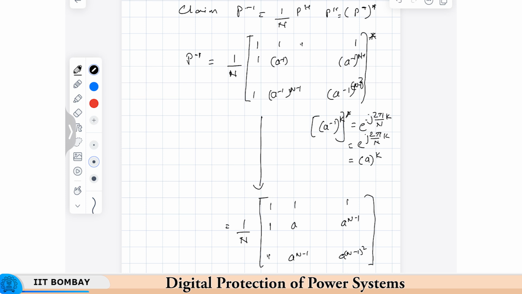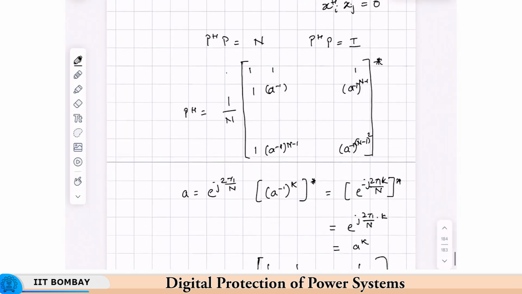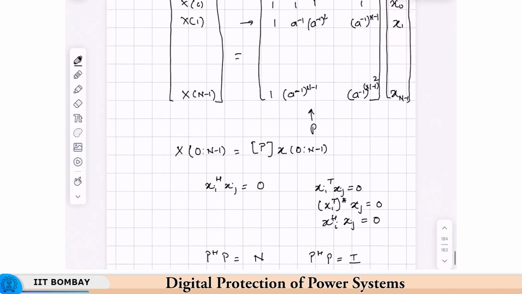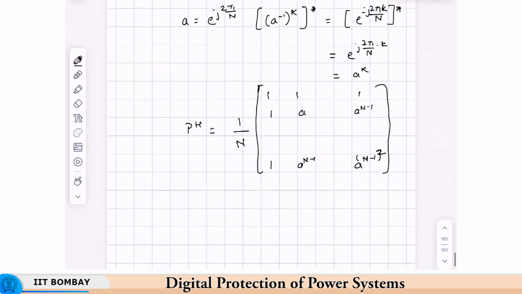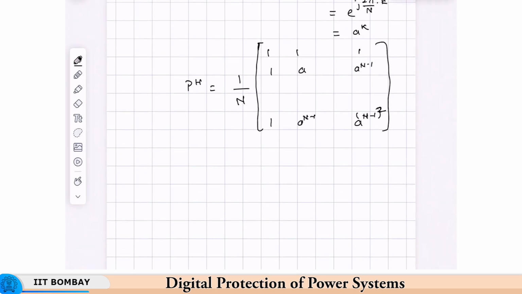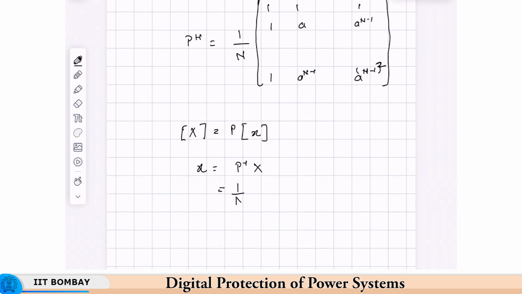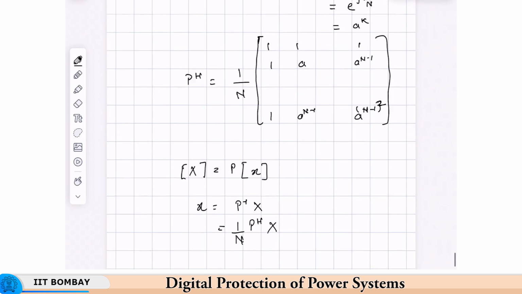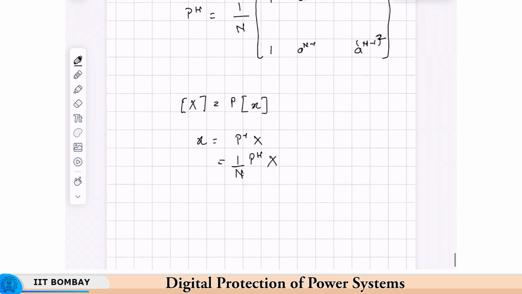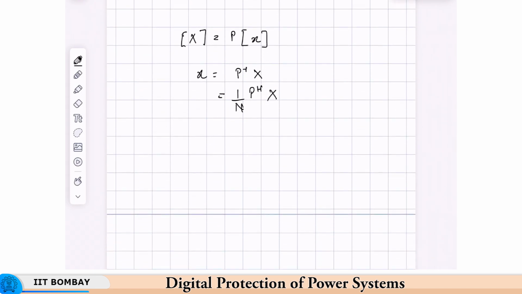Now, this will also allow us to get the samples back, the small x of 0 to n minus 1. So, what did we have? We had capital X is equal to P times small x. So, small x is P inverse times capital X. Let us see how this will look in matrix form.